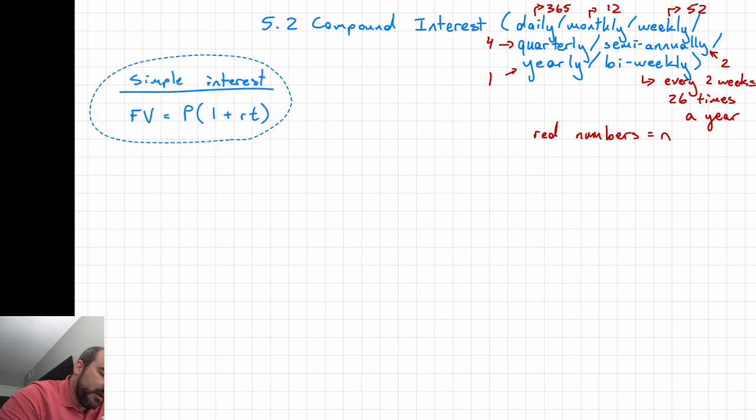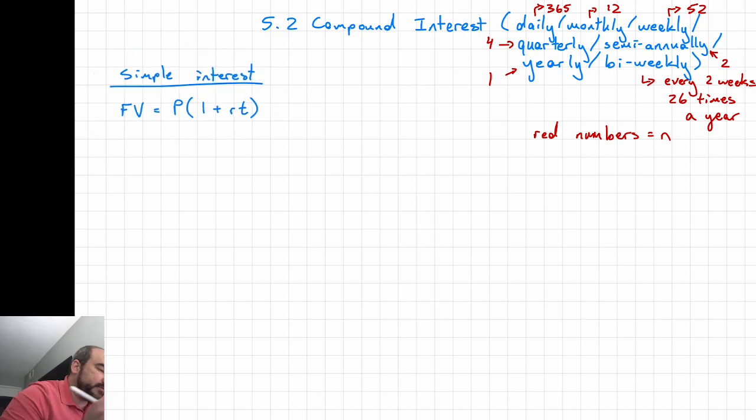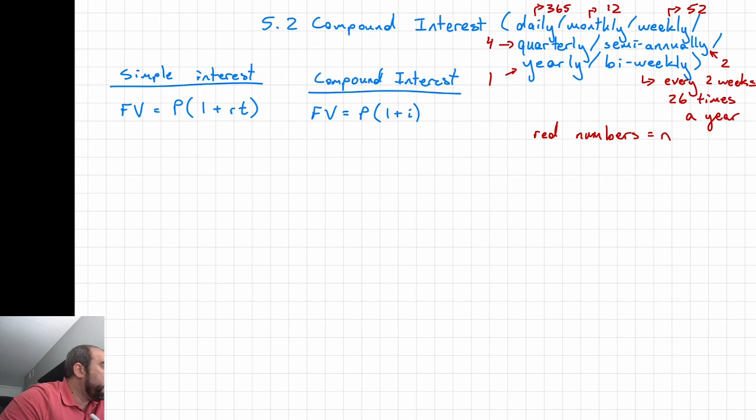We're also going to write down a formula for compound interest, which will be future value equals P times 1 plus I to the NT, and that little I is R over N. Do I want to do that?